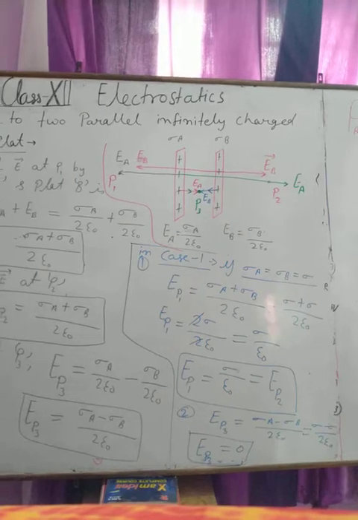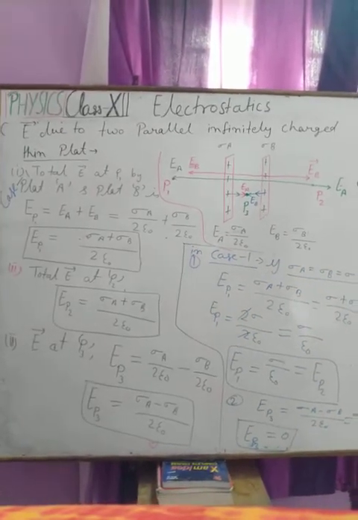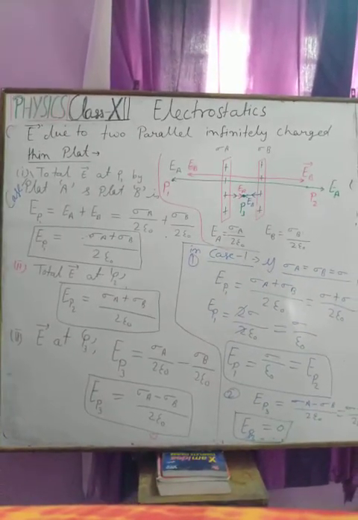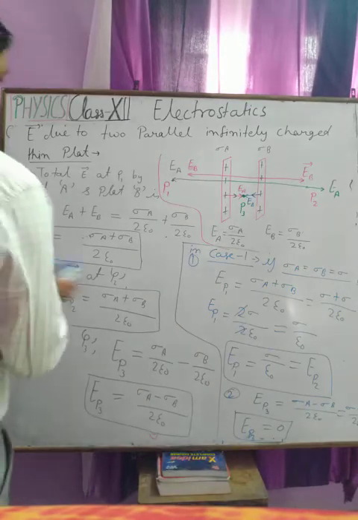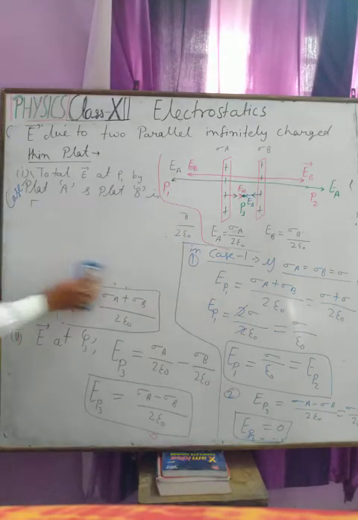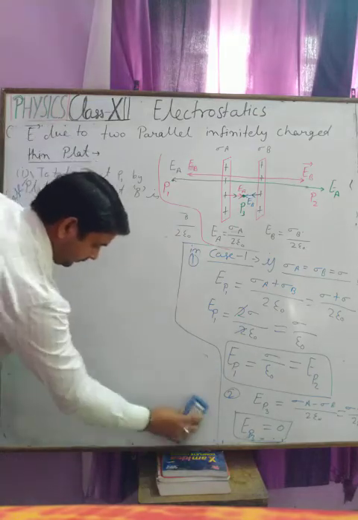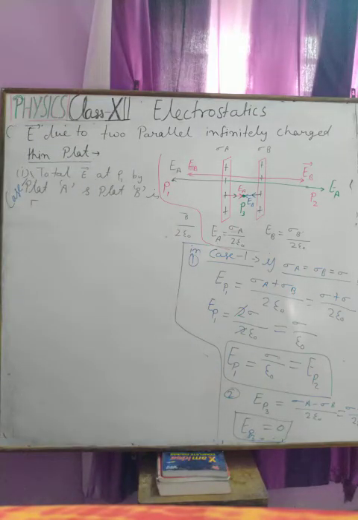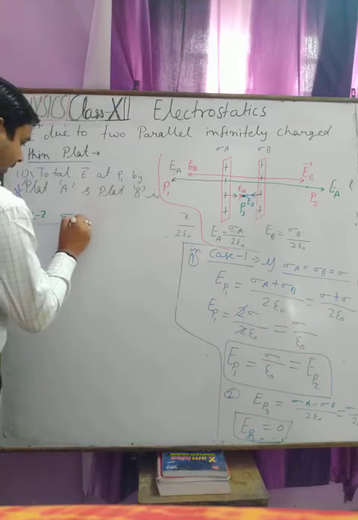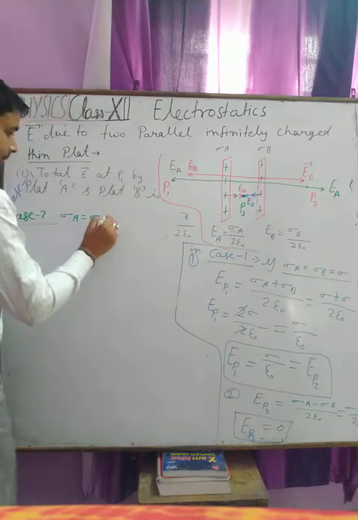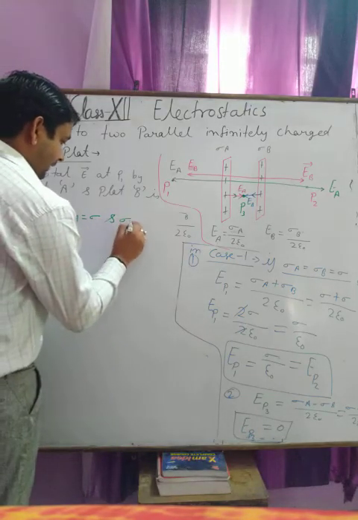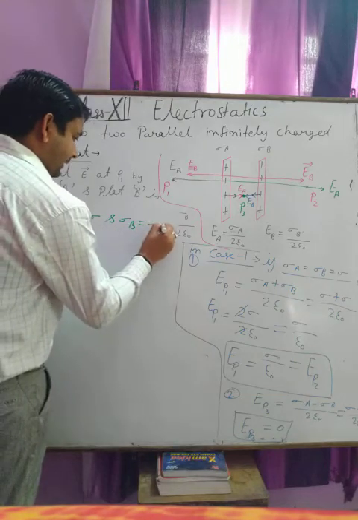Now see, case 2. Case 2, where sigma A is sigma and sigma B is minus sigma.